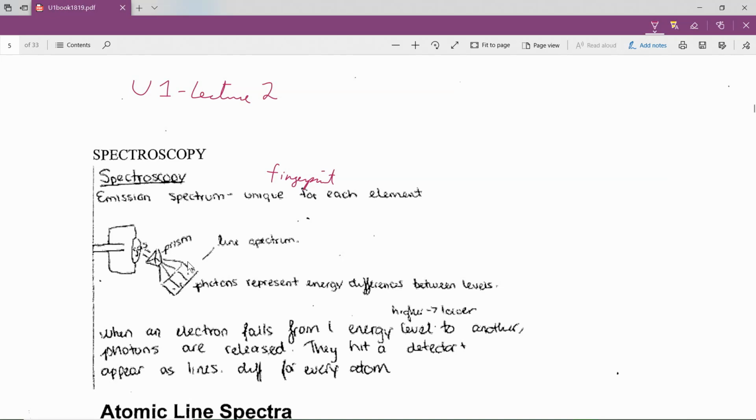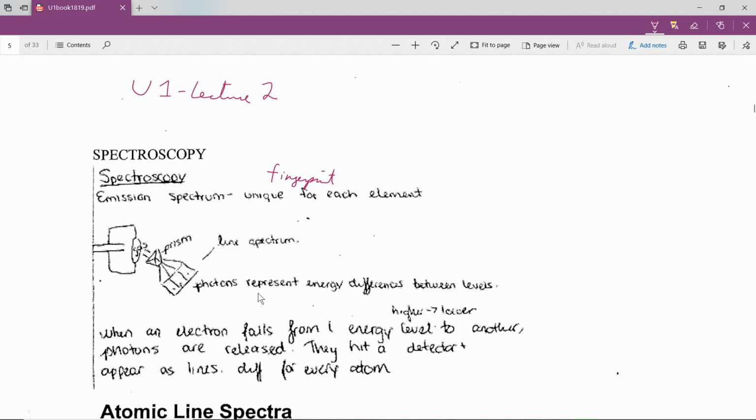So photons are emitted when an atom in an excited state de-excites, and each atom has its own distinct pattern because the energies are different. Every atom, different elements, has a different number of protons.